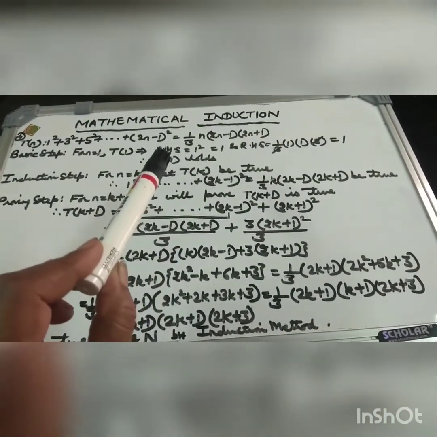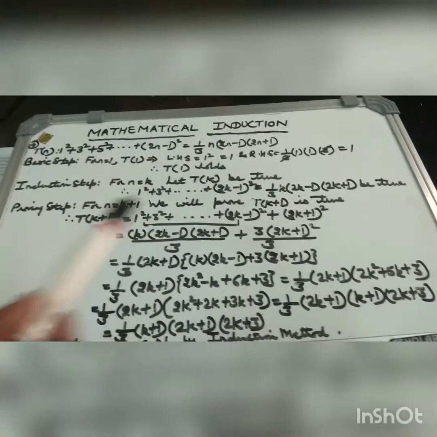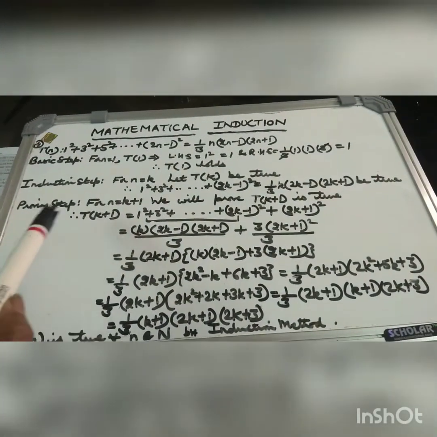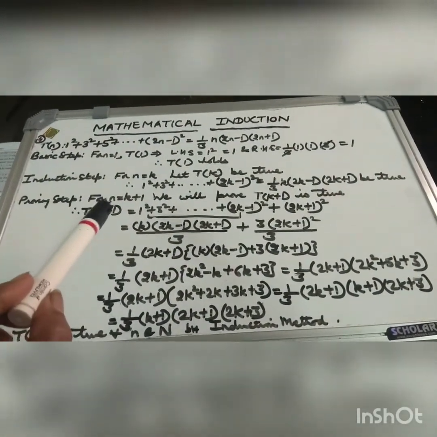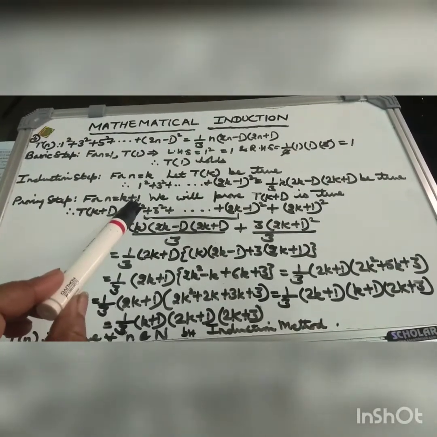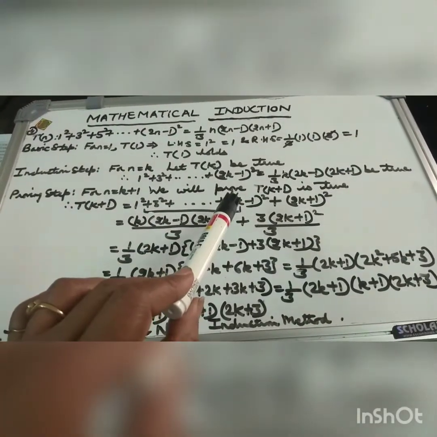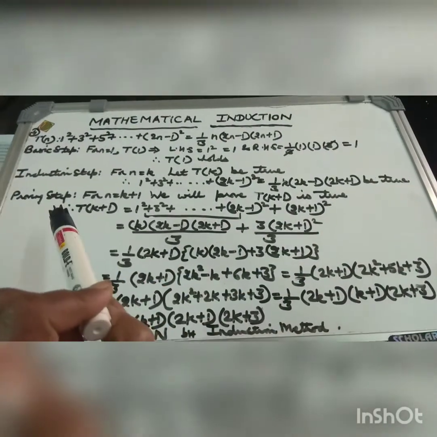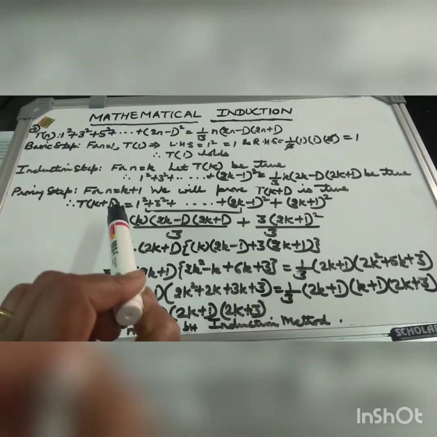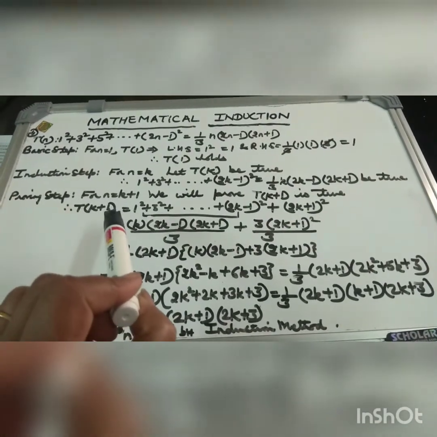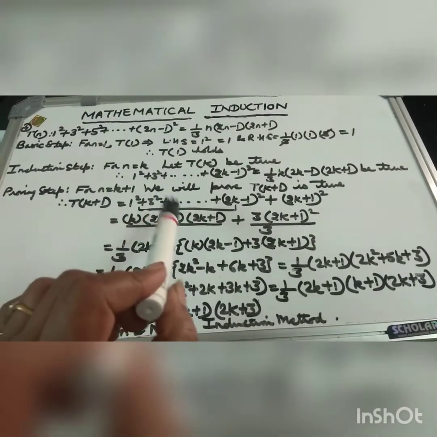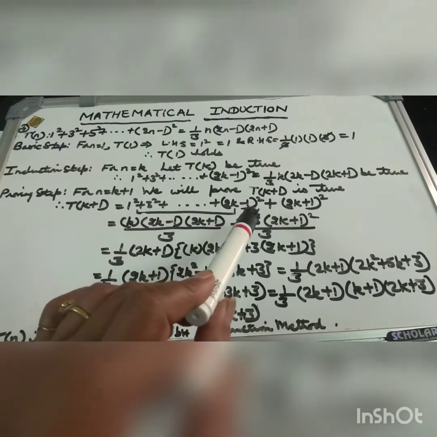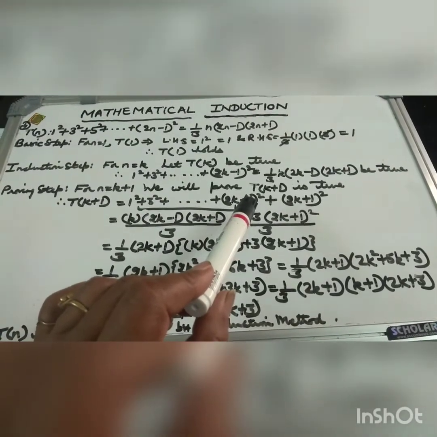Now making use of first and second step, we go on to the proving step. Now how to approach the proving step? For n equals k plus 1, we'll try to prove that T(k plus 1) is true. Now therefore, what is T(k plus 1)? T(k plus 1) becomes 1 square, 3 square up to (2k minus 1) square, that was the kth term.